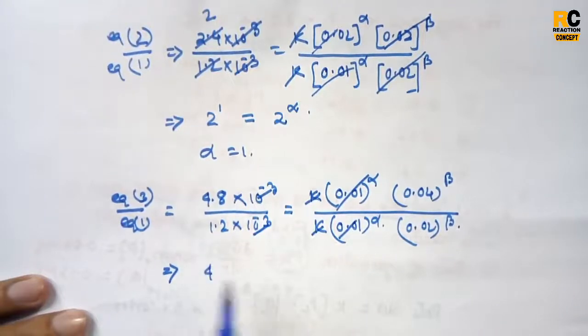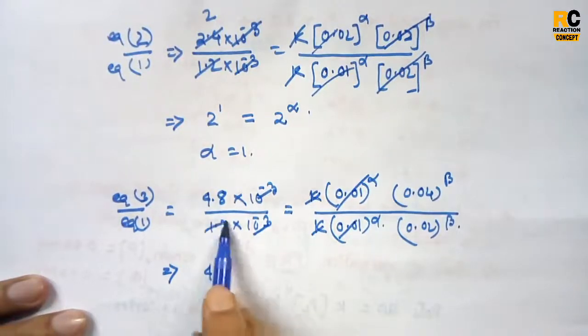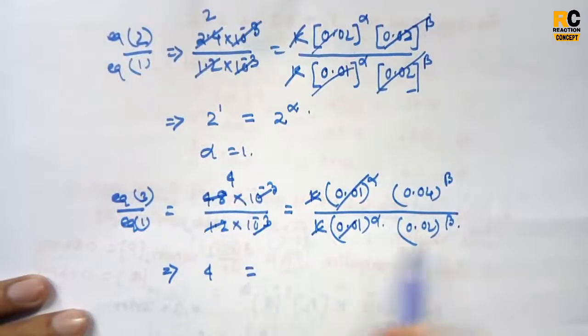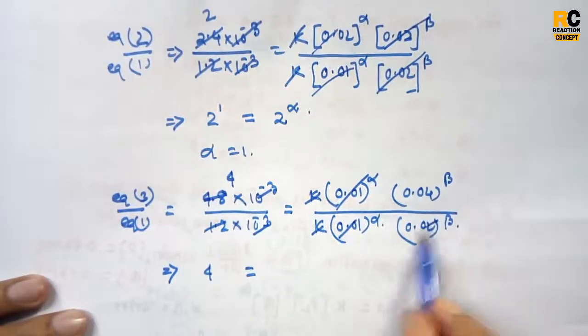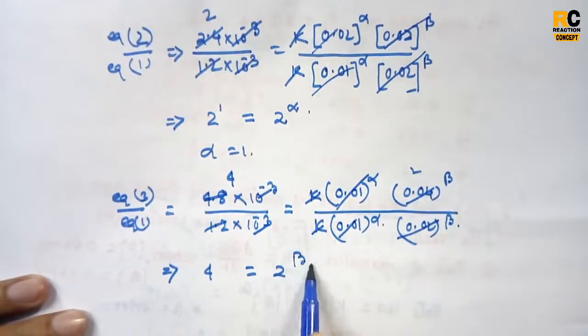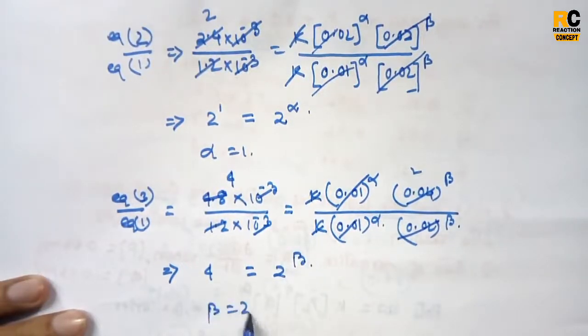You will have only 4, the rate goes up 4 times, and on the other side this will be 2 times, so 2 to the power beta. So beta would be 2. Okay, so the value of alpha is 1, and beta is 2.